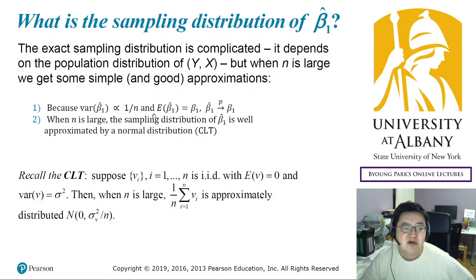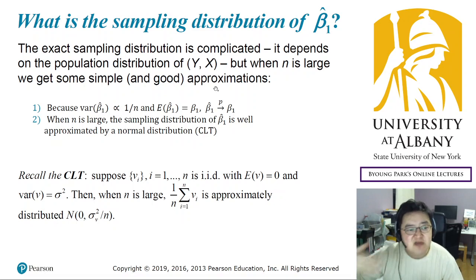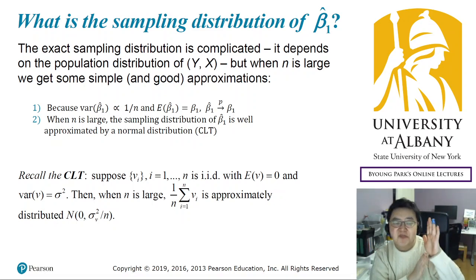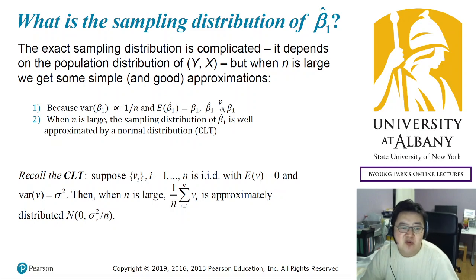However, the mean, the expected value of the estimator, is always beta 1, no matter what the sample size is. So as sample size increases, variance goes to 0, but the mean, the center, does not change. So then we say beta 1 hat is consistent for beta 1, or converges in probability to beta 1.